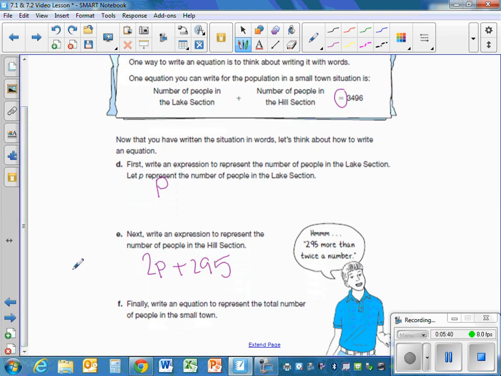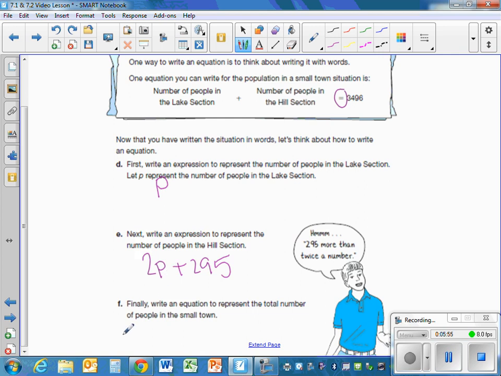Finally, write an equation to represent the total number of people in the small town. All we're going to do then is, like we did previously with the pictures, add the lake section plus the hill section.